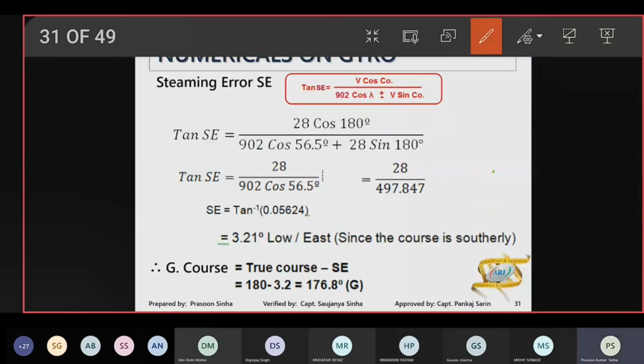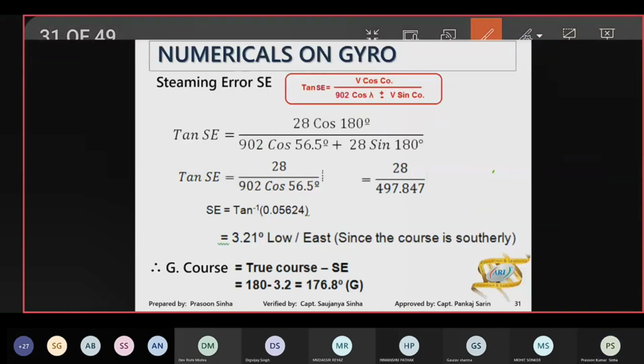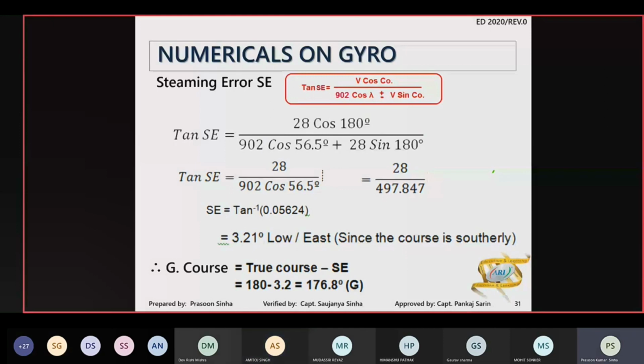Are we good? Yes, sir. Okay. So the gyro reading is going to be 176.8 degrees, which is the answer for leg 2.